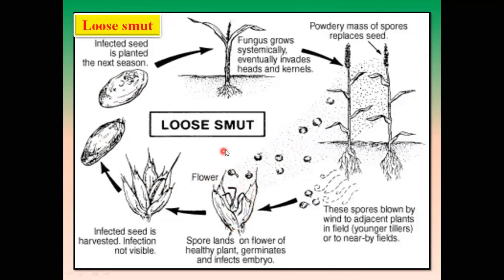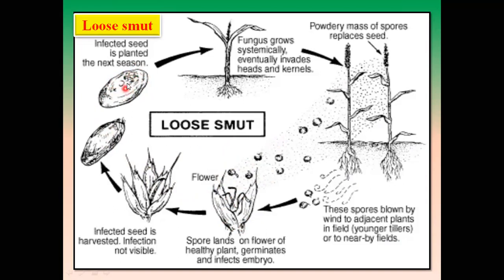In the infected airhead, some portion is converted and the remaining portion is healthy. This healthy portion of the airhead has the seeds. The blackish spore mass generally sticks on this healthy seed. So this healthy seed becomes infected, and the mycelia persist on the outer side of these jowar seeds.